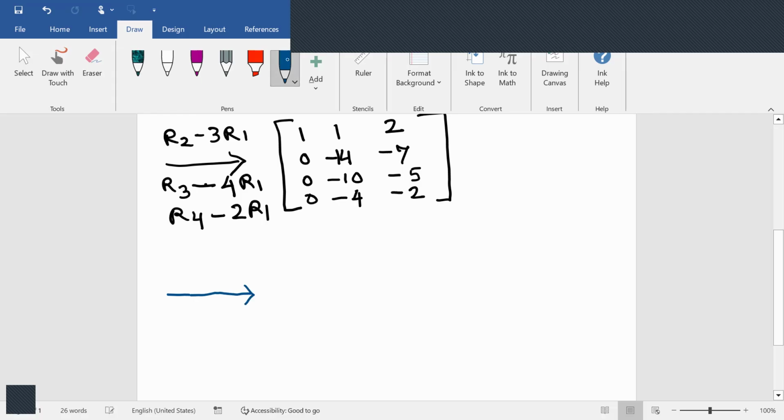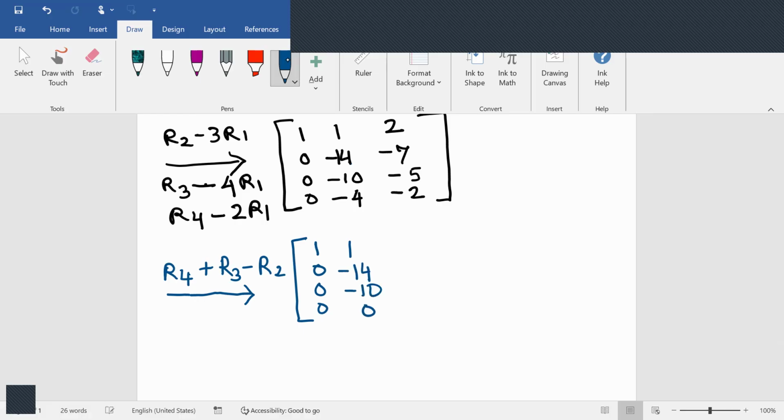I think there is a connection between minus 14, 10, 4, minus 7, minus 5, 2. And we can do this as R4 plus R3 minus R2. If we perform this operation, we'll have 1, 0, 0, 1 minus 14 minus 10, 0. And after that, 2 minus 7 minus 5, 0.